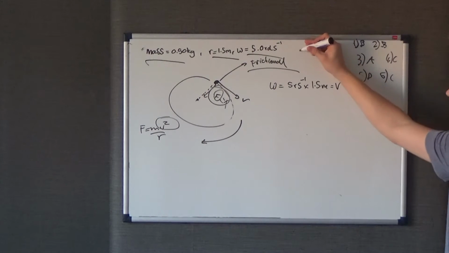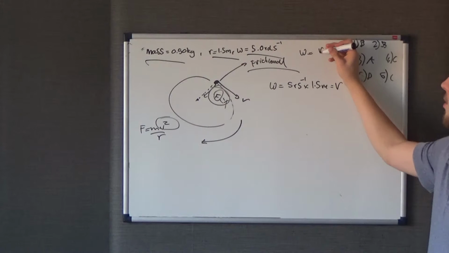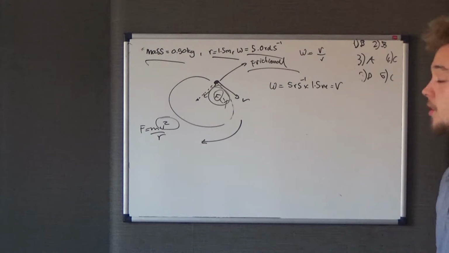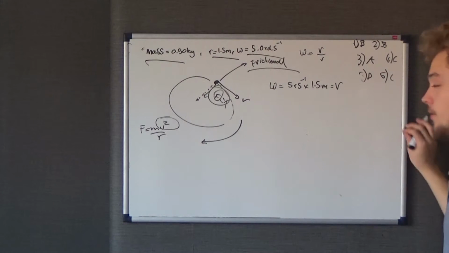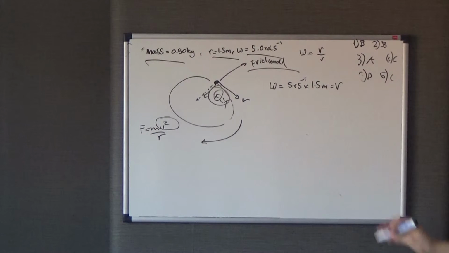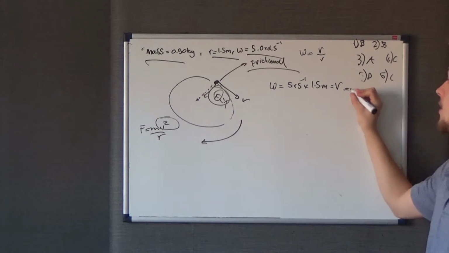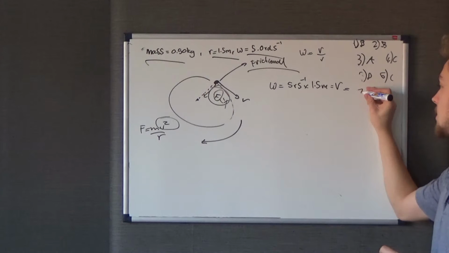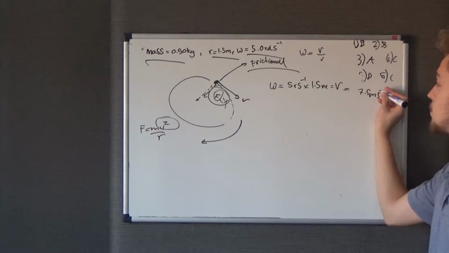So remember, the angular speed is the velocity divided by the radius, so to get the velocity we multiply the angular speed by the radius, which is what we've done here. Therefore that is 7.5 meters per second.